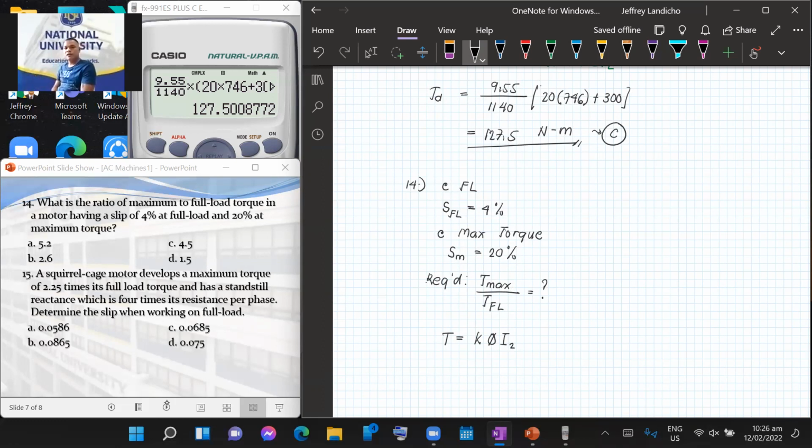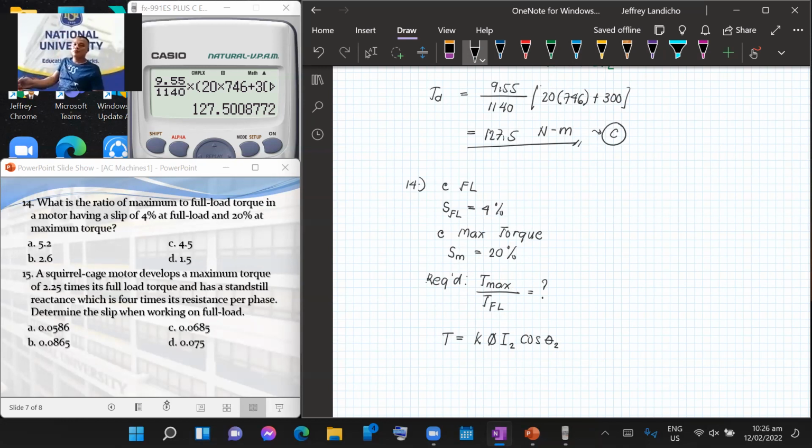However, alam natin, alternating itong motor current, so ibig sabihin, meron siyang real component at saka meron siyang reactive component. Eh, si torque is real component. Kaya yung ating torque dito, dadagdagan lang natin ng cosine theta para makuha natin yung real component ng ating rotor's current. Sino to? The power factor angle ng ating rotor.